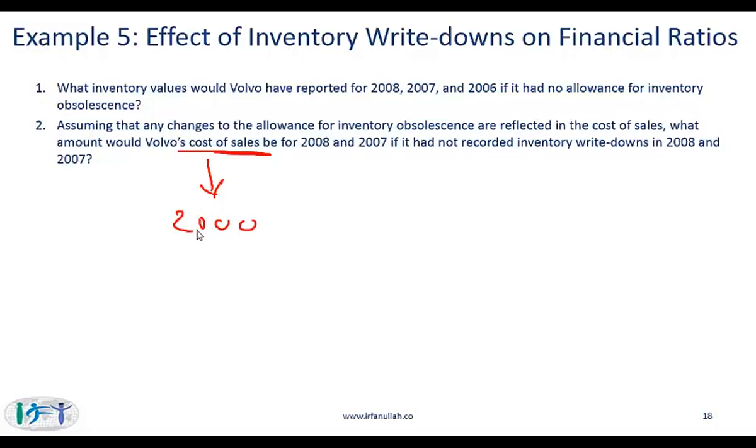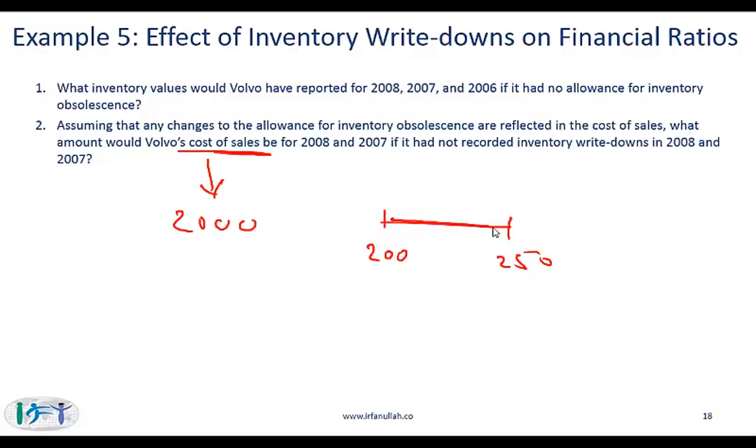This is your starting point. But this reported number is after subtracting the valuation allowance. You want to remove that impact. Let us also say now that over this particular year, the valuation allowance increased from 200 to 250.